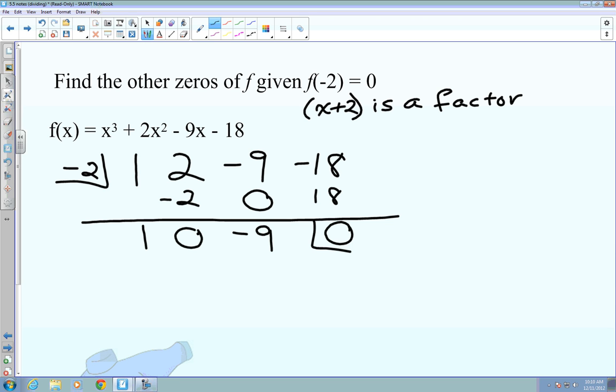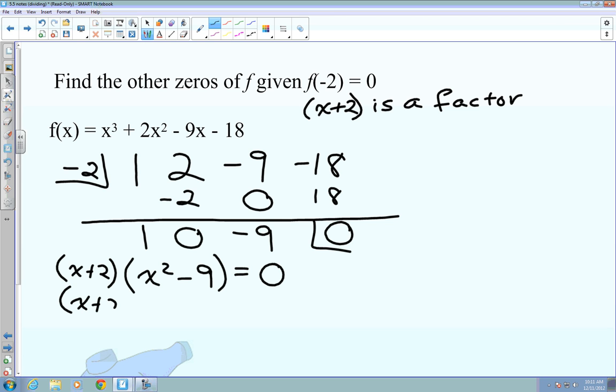Okay, so my factors so far are x plus 2, because I divided by my negative 2 here. And then I have x squared plus 0x, so I'm going to leave that one out. Minus 9. I'm looking for the 0, so I'm going to set that equal to 0. Does x squared minus 9 factor further? Yeah, it's x plus 3, x minus 3.